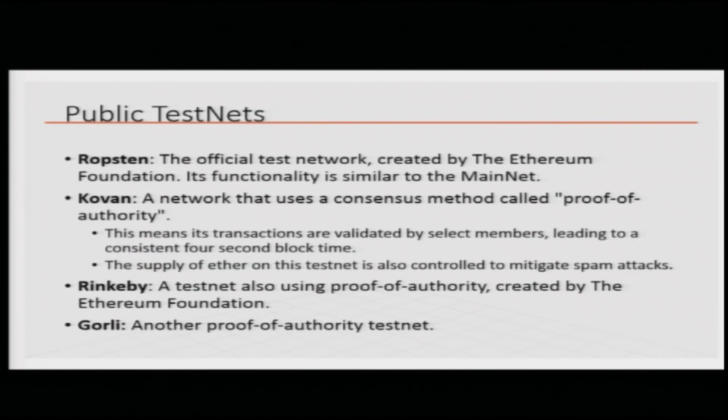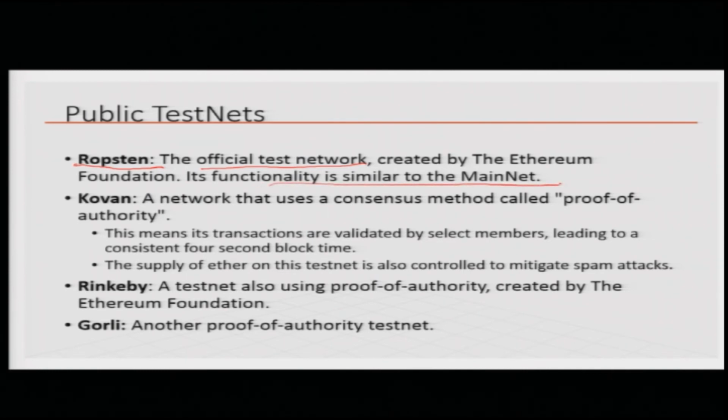If you go to ethereum.org and look for testnets, you will find at least 3-4 such testnets which are run by the Ethereum Foundation. Ropsten is one such testnet, and it's an official test network directly created by the Ethereum Foundation, and it is very similar to the mainnet.